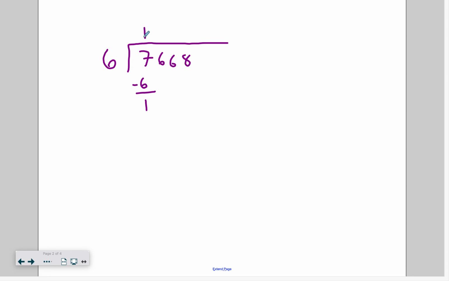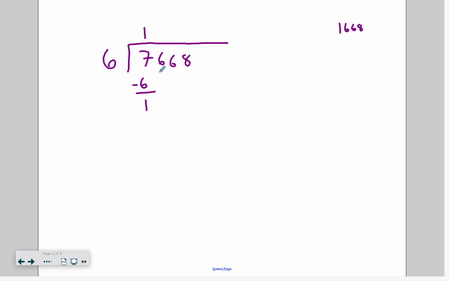This 1 doesn't actually represent 1 time. It represents 1,000 times. So we've subtracted 6 1,000 times from 7,668, which is, we've subtracted 6,000, right? Which will leave us 1,668 left over.